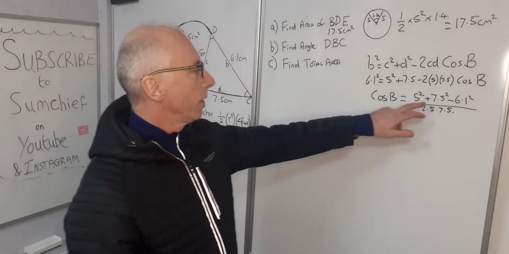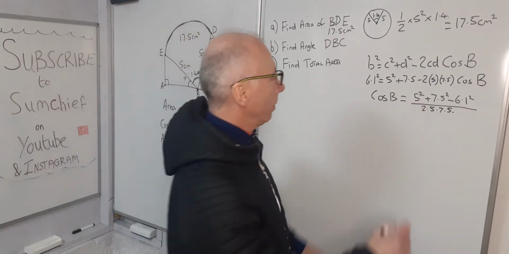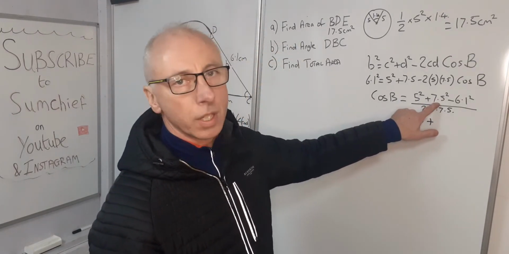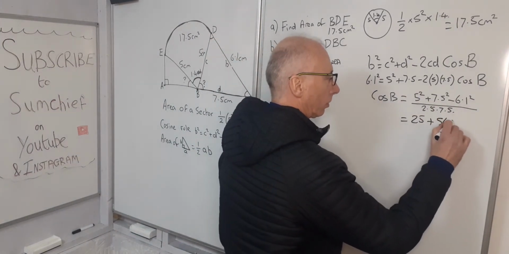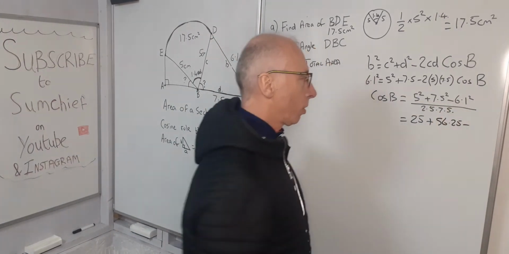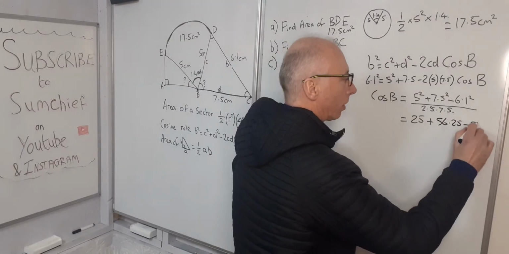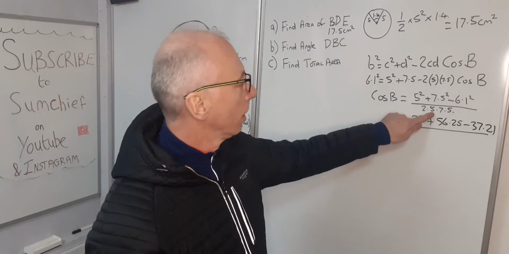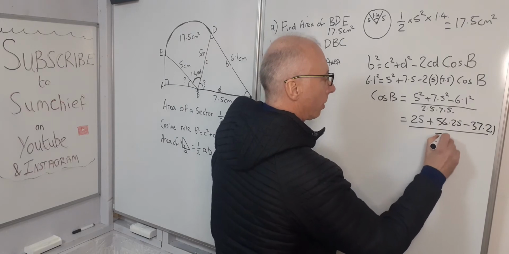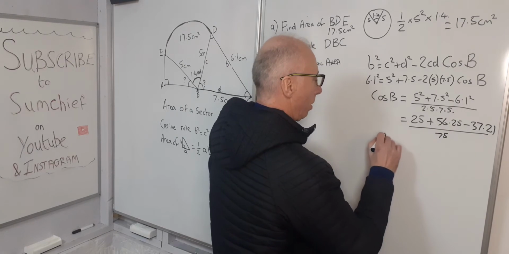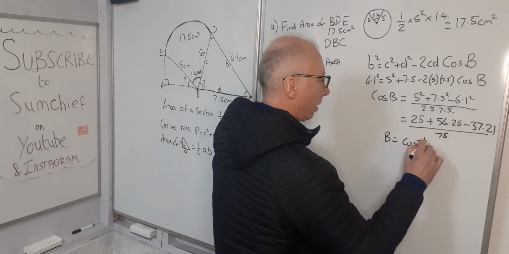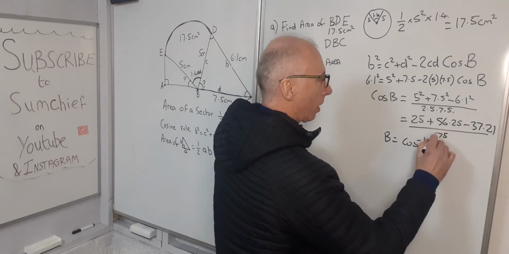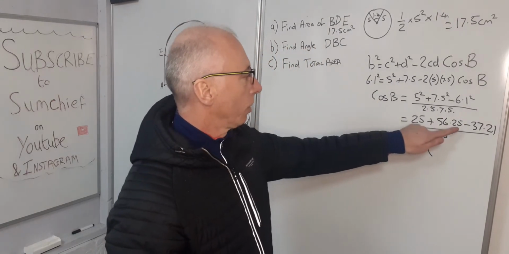Okay, let's work this out. It's 5 squared, 25. 7.5 squared is 56.25. And 6.1 squared is 37.21. And then we divide all this by 2 times 5, which is 10, times 7.5, which is 75. So therefore B equals inverse cosine of all of that. So we get 25 plus 56.25, which is 81.25.